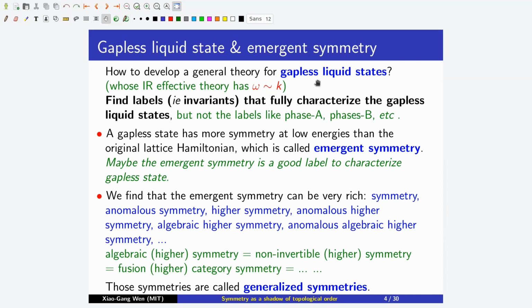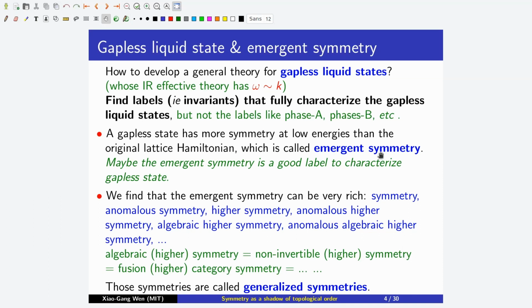Same thing for the gapless liquid state: to have a systematic understanding of it, we may first try to find a good label. And it's not just phase A, phase B, but some good label. So here we're proposing that maybe the emergent symmetry can be a good label for gapless liquids. And then we even try to push it further, to dream or conjecture that maybe emergent symmetry is a complete label.